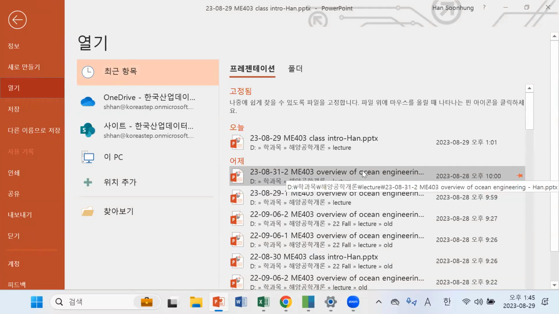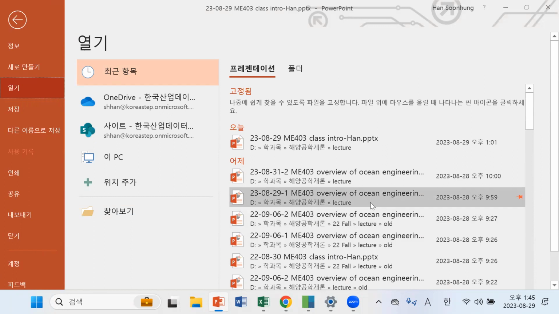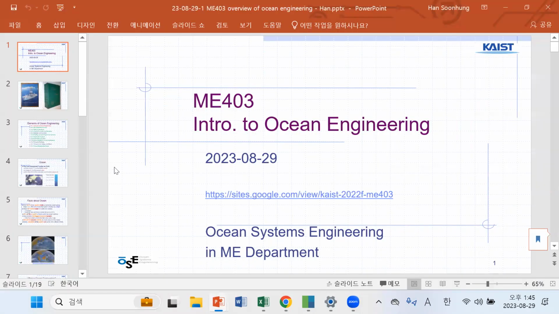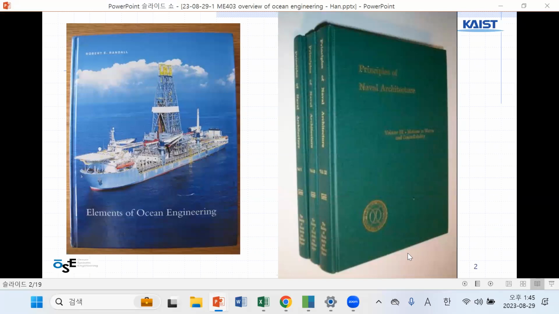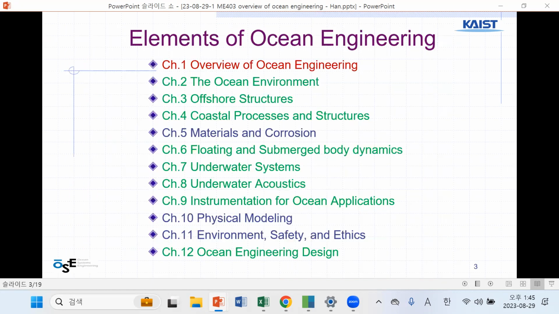Then, ocean engineering. Okay. No question? So this is the book, the left one, the ocean engineering I'm trying to cover for the first part of this semester. This slide set is around chapter 1, but after a long period of semesters, the contents were modified much, so it is not coming together with the textbook nowadays.